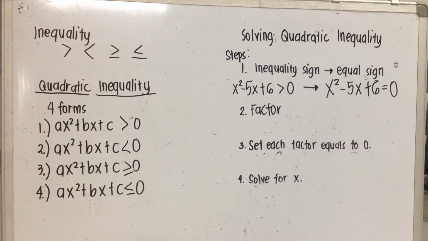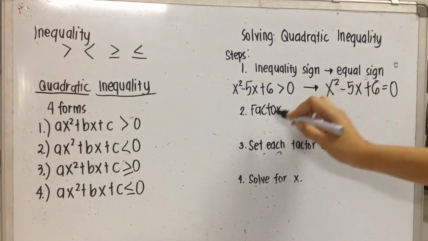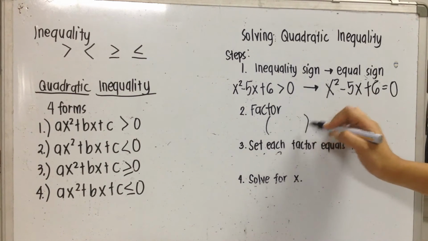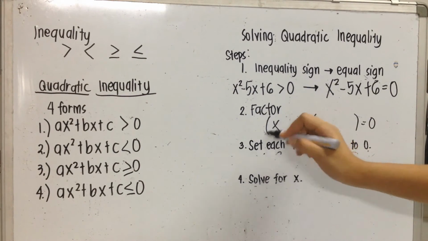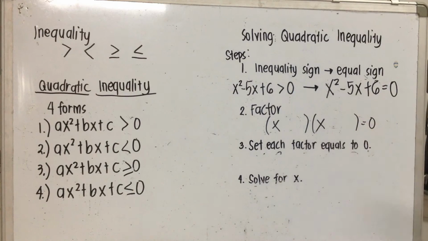Second step, factor yung napalitan na symbol. So, we are going to factor x squared minus 5x plus 6 is equal to 0. So, we all know that the factor of our first term is x times x. And then, we have the factors for our third term. We have 3 and 2, and then 6 and 1.